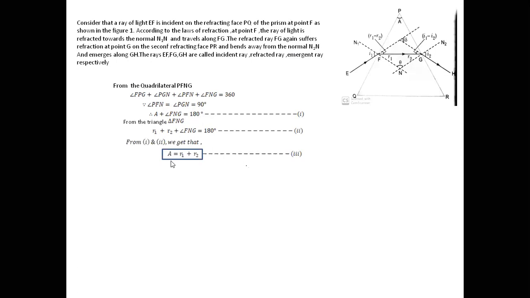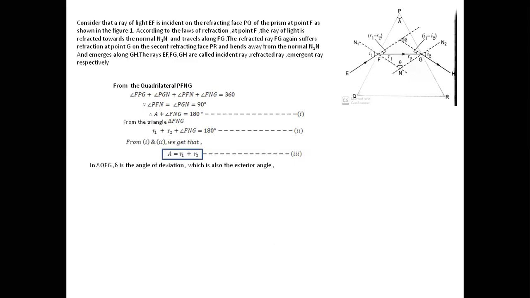So from 1 and 2 we get that capital A is equal to R1 plus R2. This is a very important equation. This angle of prism is related to the angle of refraction R1 and the angle of incidence R2, the angle of incidence for this surface PR, because we'll be using this equation in the later part of the slides.